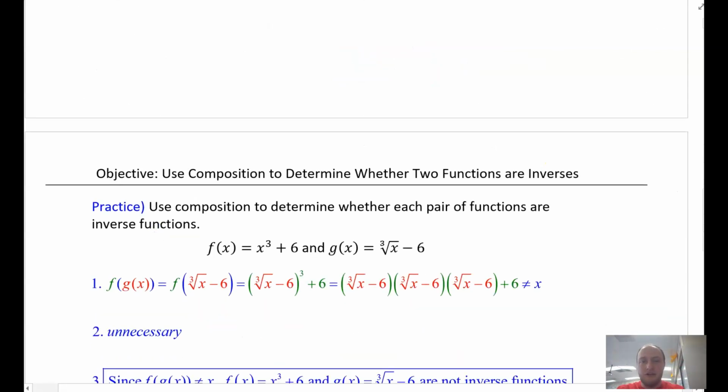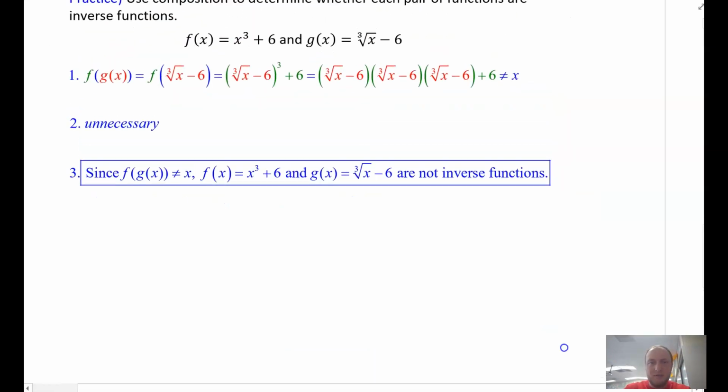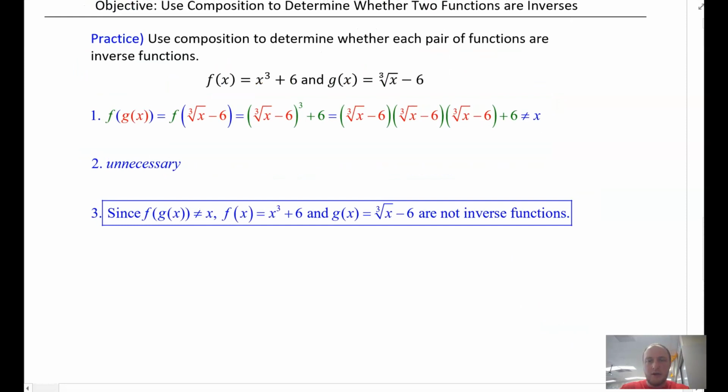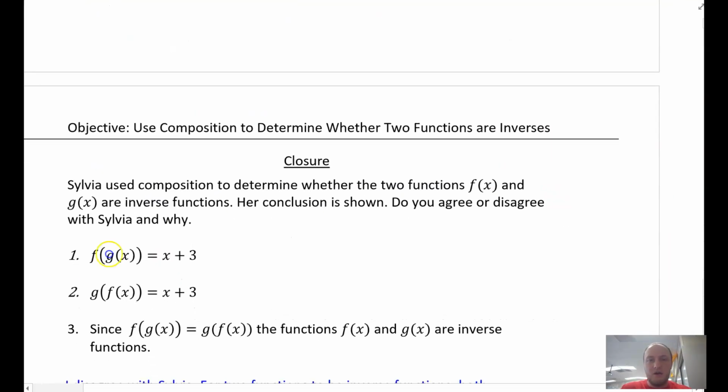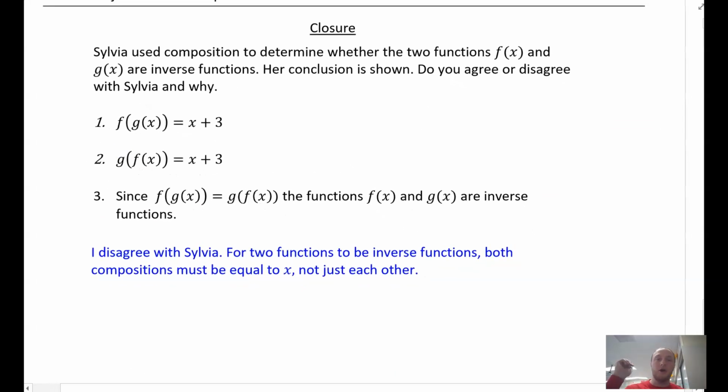I want to show you the response to this example. This says Sylvia used composition to determine whether two functions are inverse functions. Here's her conclusion. Do you agree or disagree with Sylvia, and why?